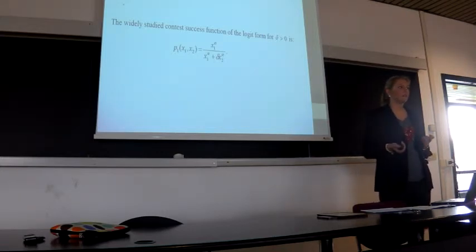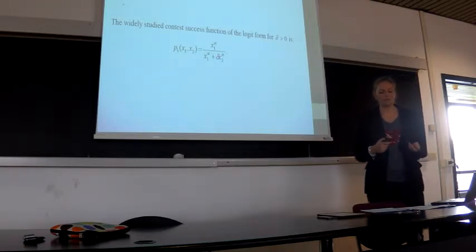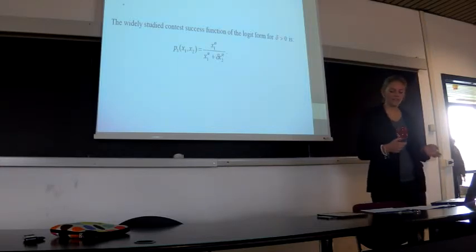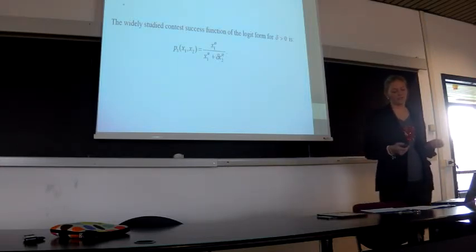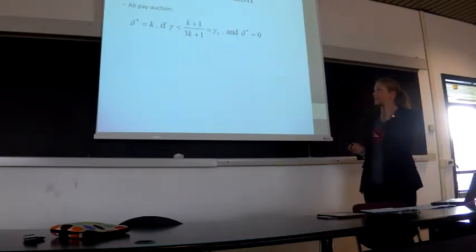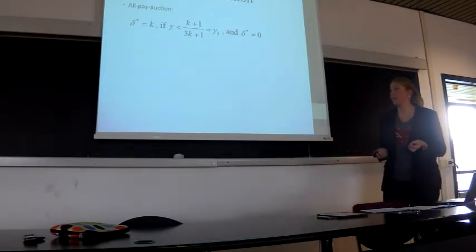But the effect is not very transparent because it has contrasting effects on the objective function of the designer. As we go along, we will see that, as stated in the beginning, the all-pay option is superior.